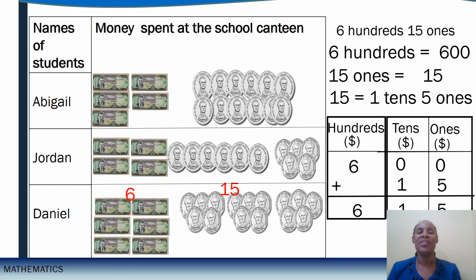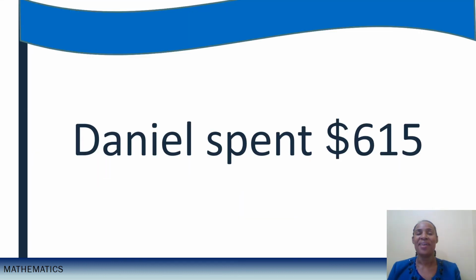Let's read how much money Daniel spent. Great going, boys and girls. Daniel spent $615. There we have it. Daniel spent $615. And please take note, boys and girls, the dollar symbol is placed right in front of the numbers.